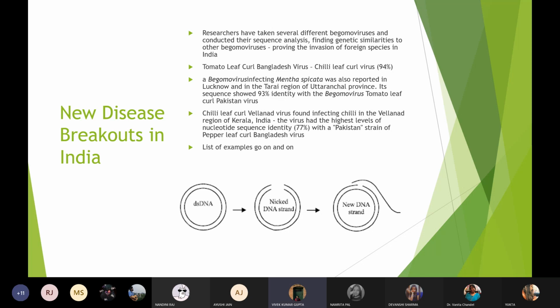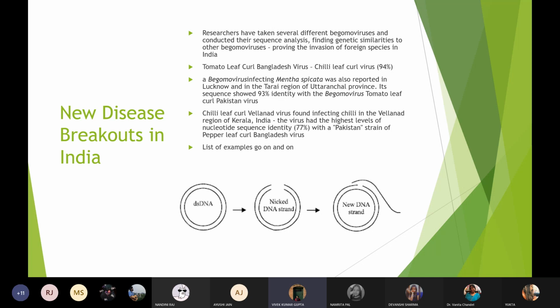Another example of this was the chili leaf curl Velanad virus found infecting chilies in the Velanad region of Kerala, India. This virus had the highest levels of nucleotide sequence identity with a Pakistan strain of the pepper leaf curl Bangladesh virus.